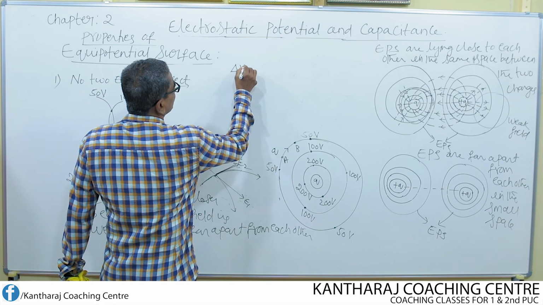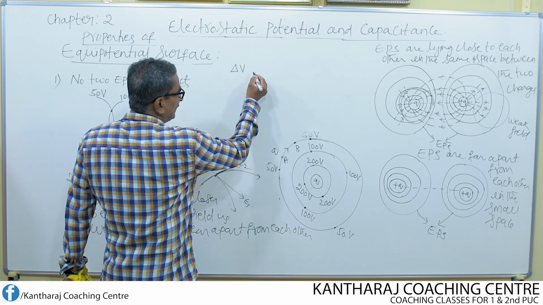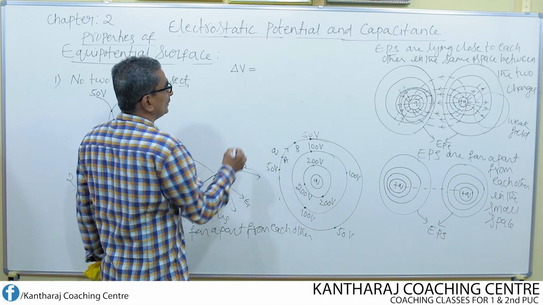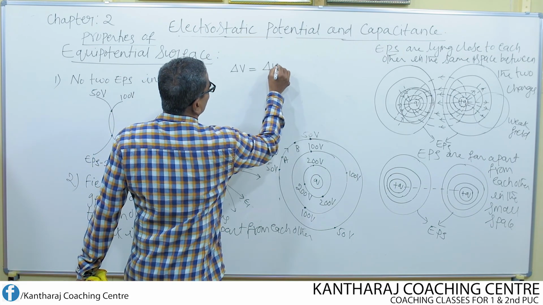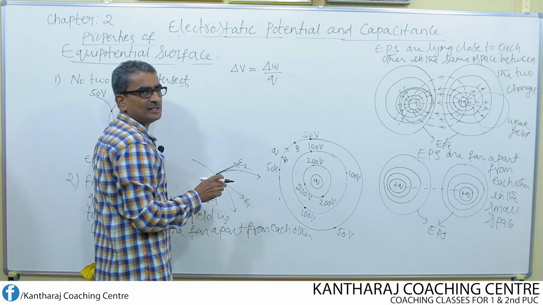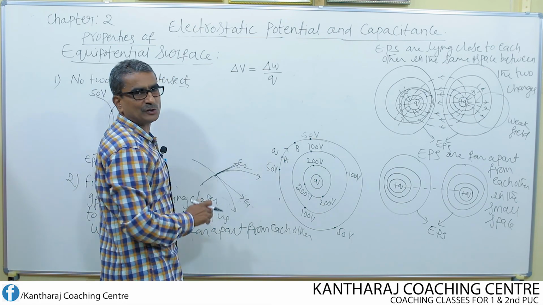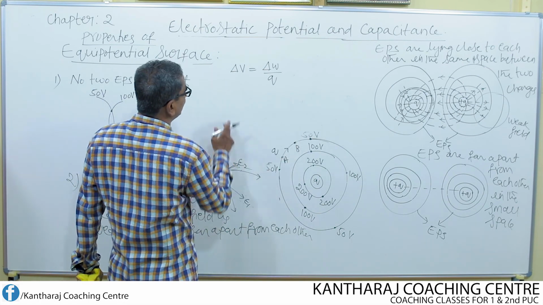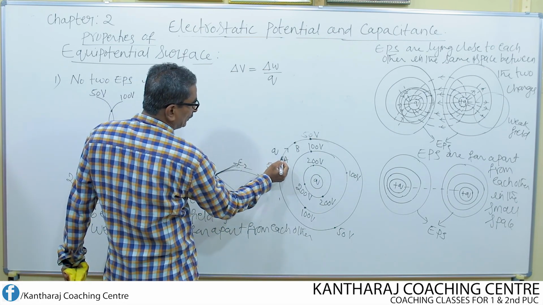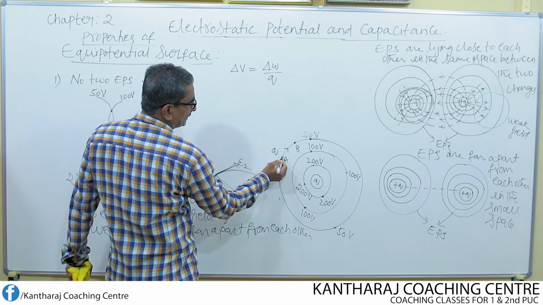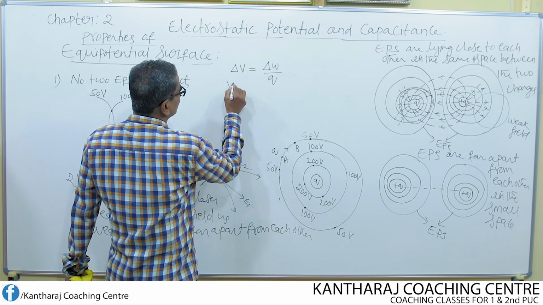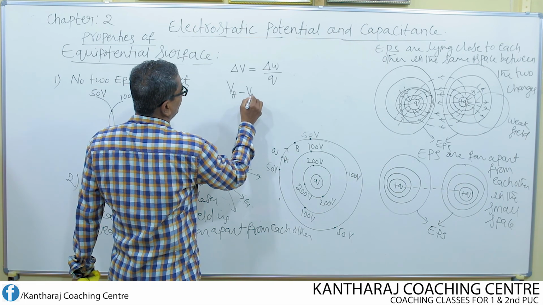We know the definition. Potential difference between any 2 points is nothing but work done per unit charge, or work done in moving a charge q from one point to another point. Potential difference means I need to find the potential at this point as well as at this point. So I write this as VA minus VB.